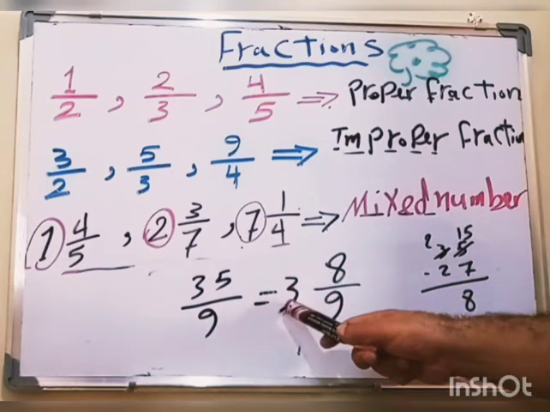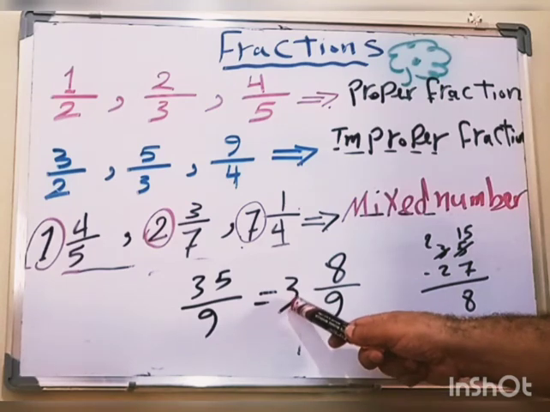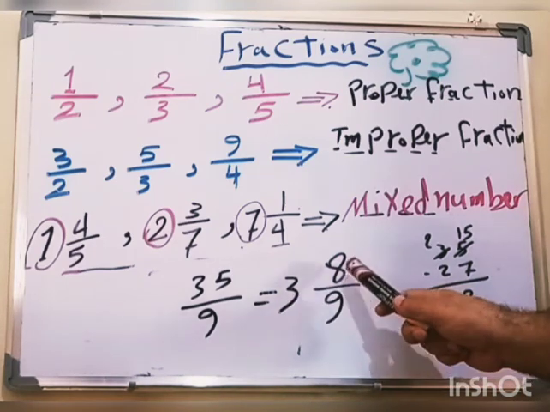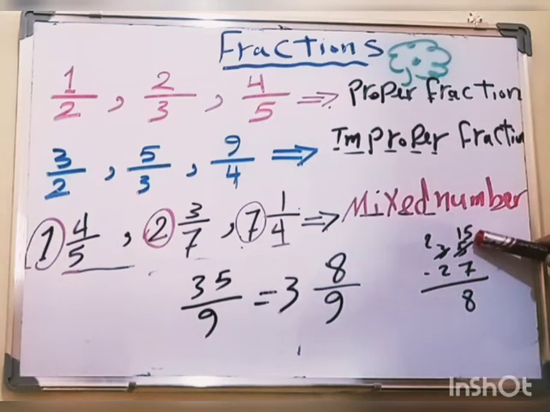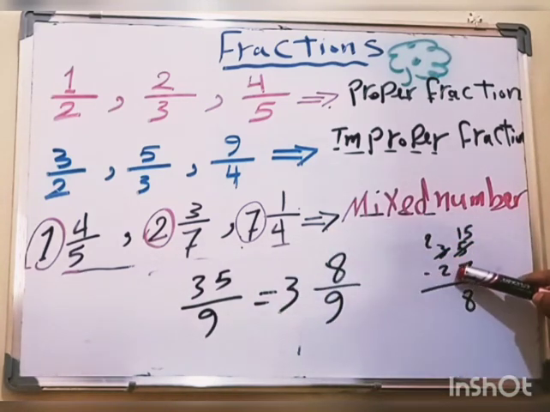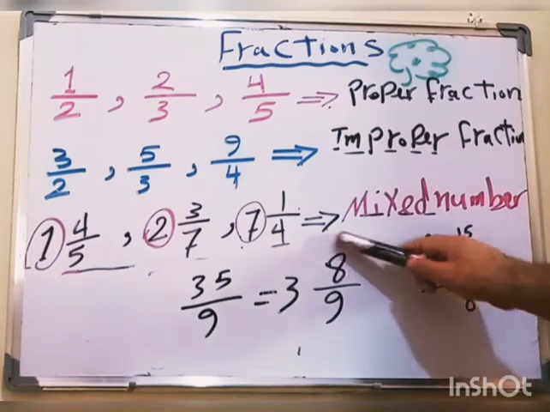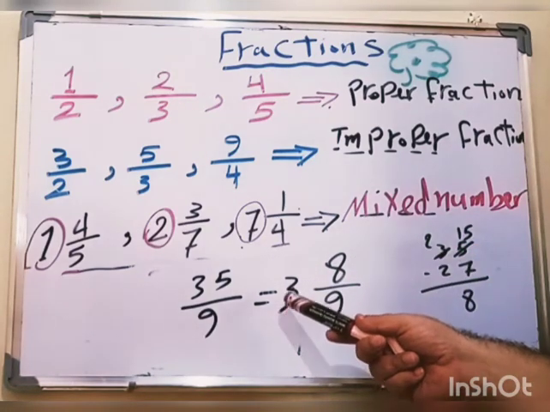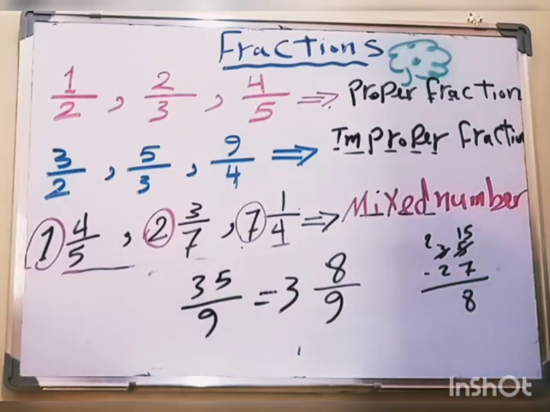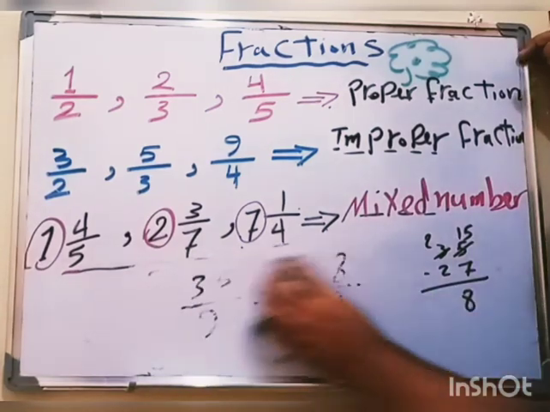Then 9 times 3, 27. 27 plus 8, we get 35. Okay, guys? Then check: 9 times 3, 27. 27 plus 8, we get 35. Another example. Let's move on.